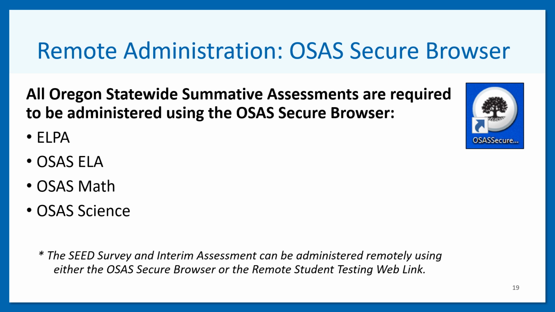The SEED survey and the Oregon interim assessments can be administered remotely using the OSAS Secure Browser, but it is not required. The SEED survey and interim assessments are the only two components that can be administered using a remote student testing web link. Please note that a TA must be actively monitoring students and available to support students when a remote link is being used.